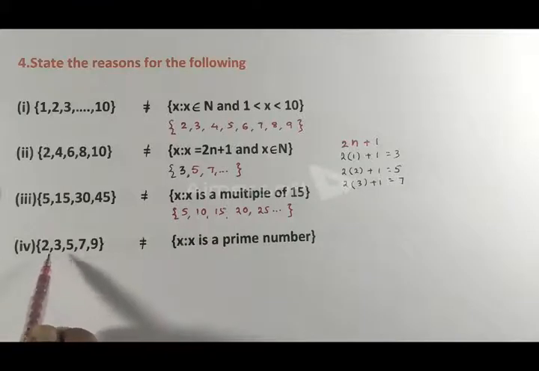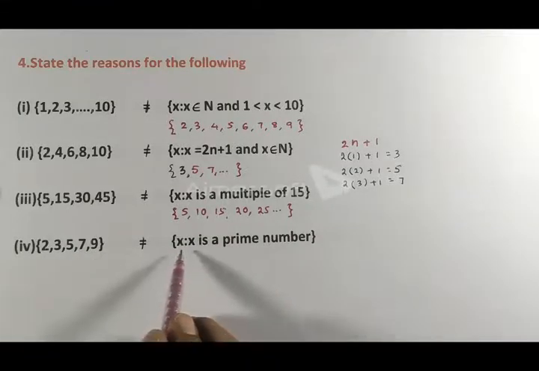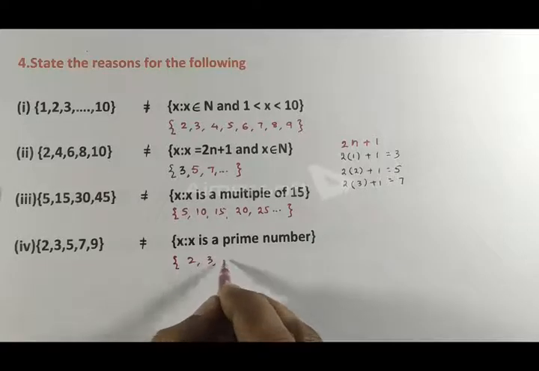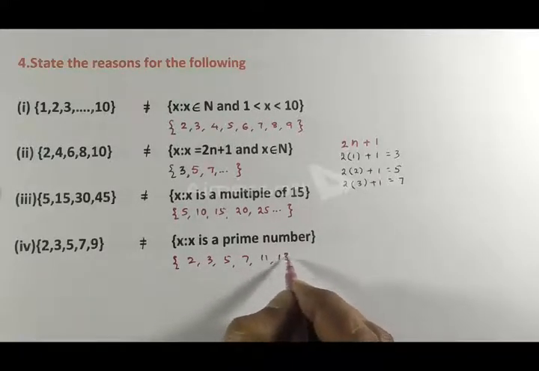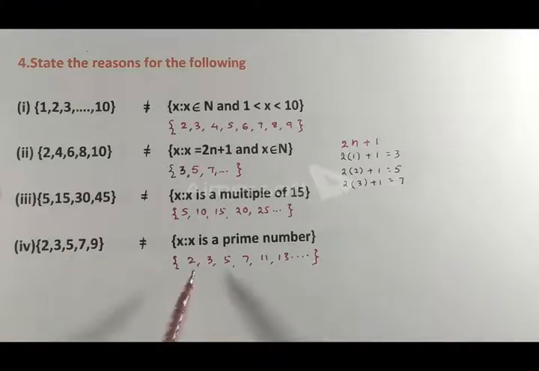Fourth one, 2, 3, 5, 7, 9. The second set is x such that x is a prime number. We can write the prime numbers 2, 3, 5, 7, 11, 13 and so on. Compare the two sets.